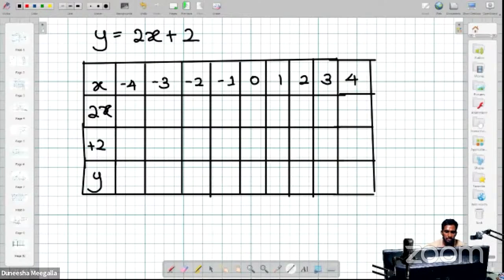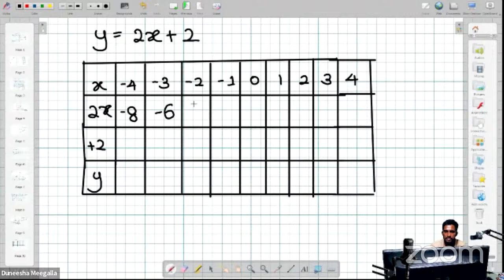What is the answer for the blank? It is -8, isn't it? -4 multiplied by 2 is -8. Then what is the next blank? Minus 6.